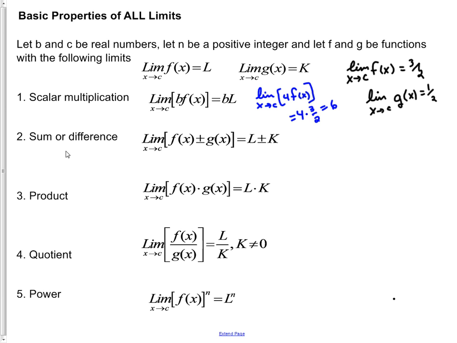We have a sum or difference rule that says that the limit as x approaches c of f of x plus or minus g of x would be the same as the limit L plus or minus the limit k.